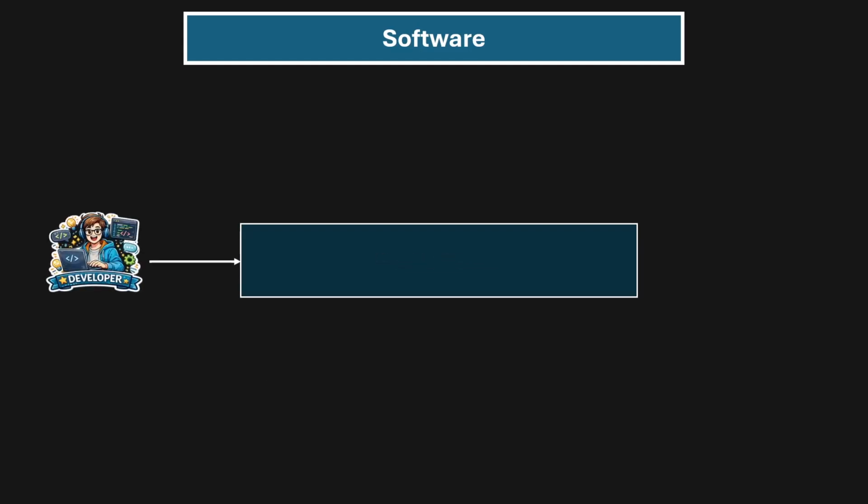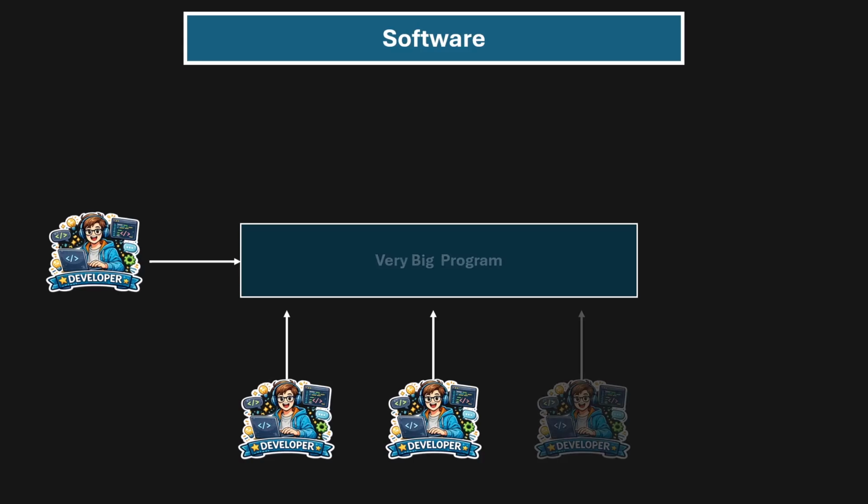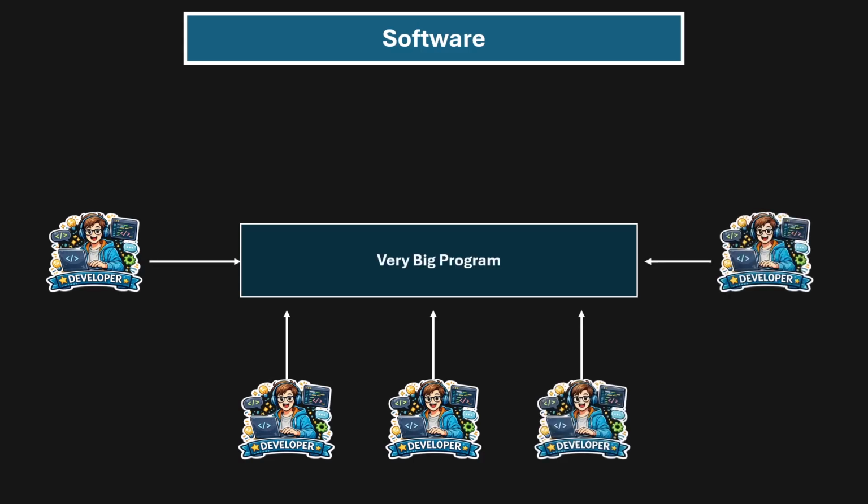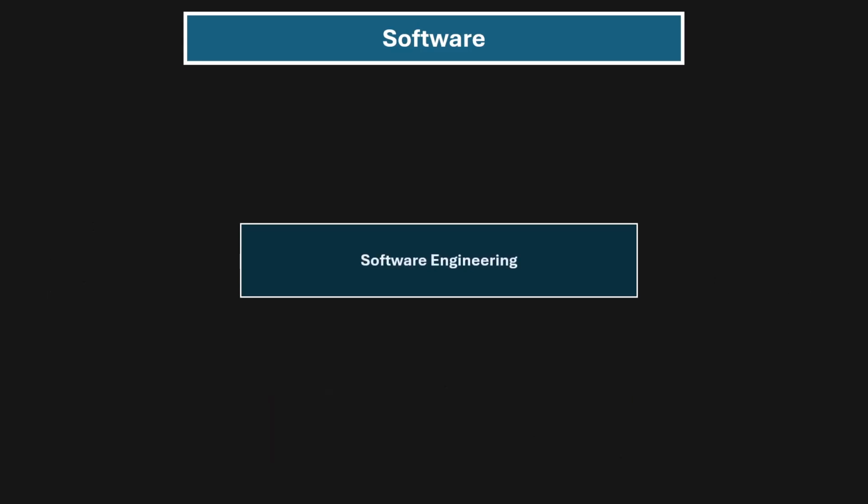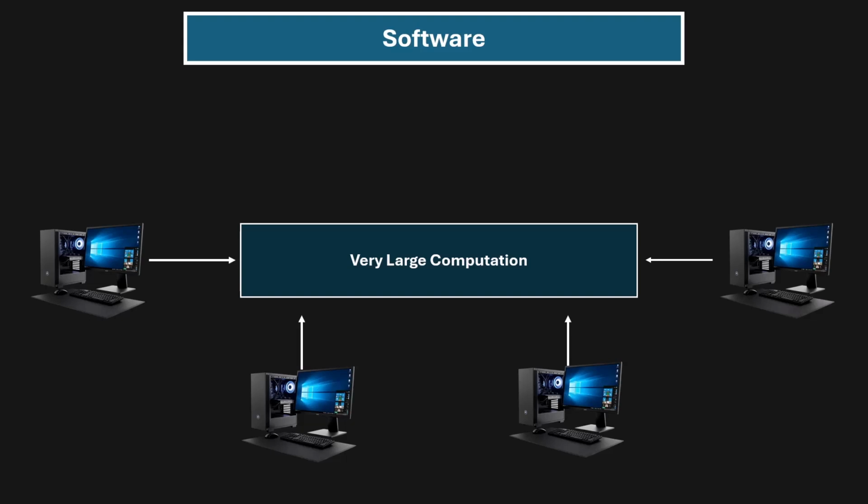In addition, if I'm going to write a very large program, I need to be able to involve other people in developing it. Defining each person's responsibilities, as well as how the software is maintained and supported, are topics discussed in the field of software engineering. Moreover, if I have a very large computation, I should be able to use multiple computers to perform it.